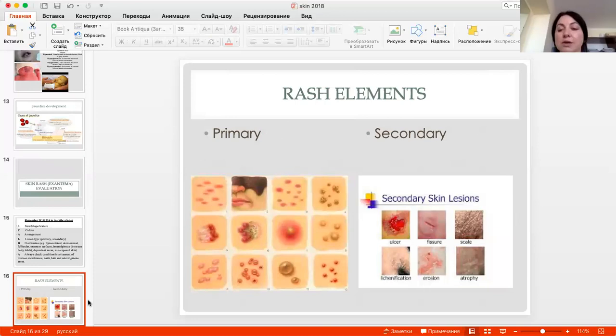So rash elements, we have two types of rash elements. They may be primary and secondary. Look how they are different. So what do we call primary elements of rash? Primary elements of rash are elements which may appear on primary, not damaged skin. So yesterday the skin was healthy. Today there is an element of rash on the primary, not damaged skin.